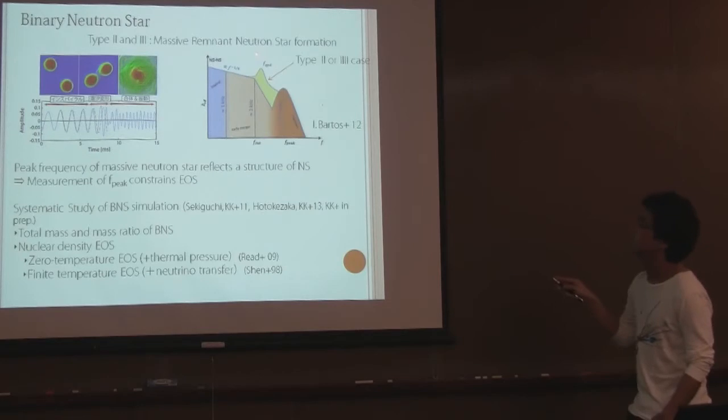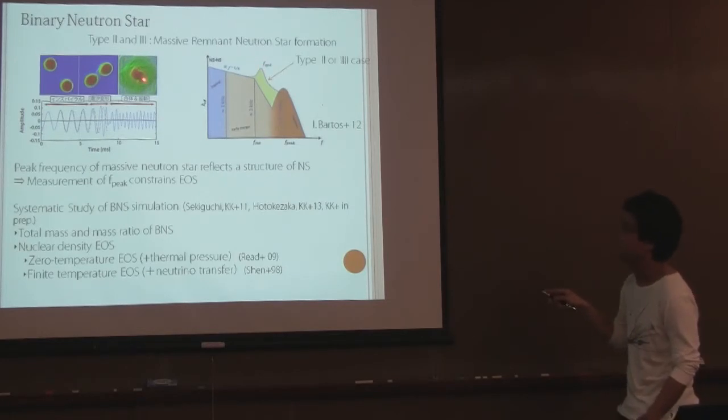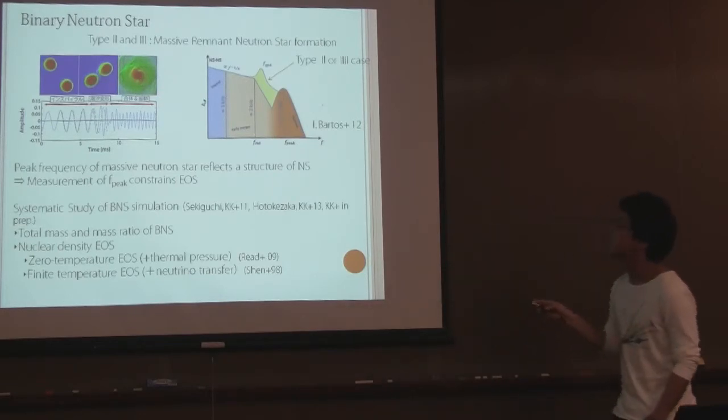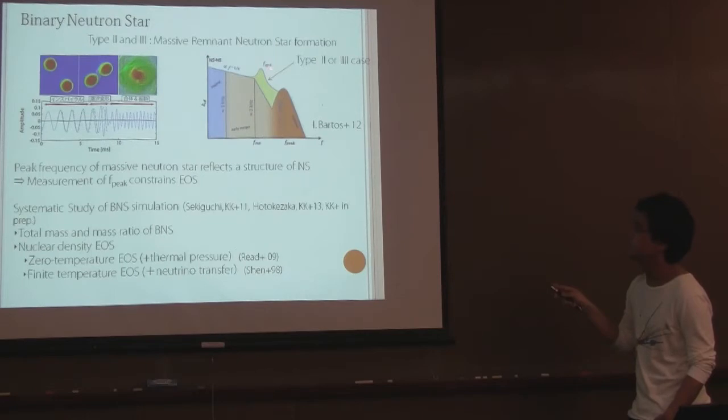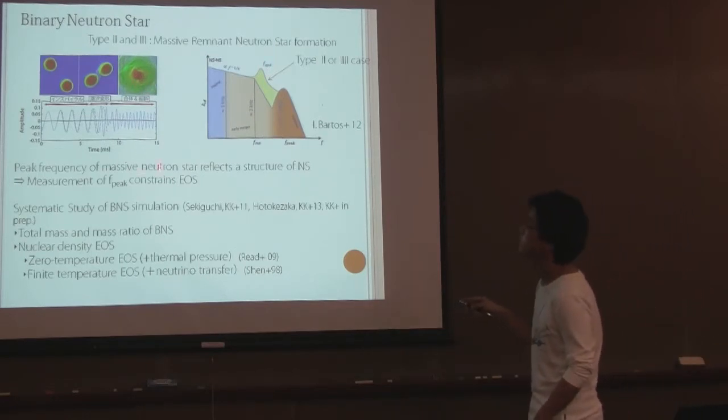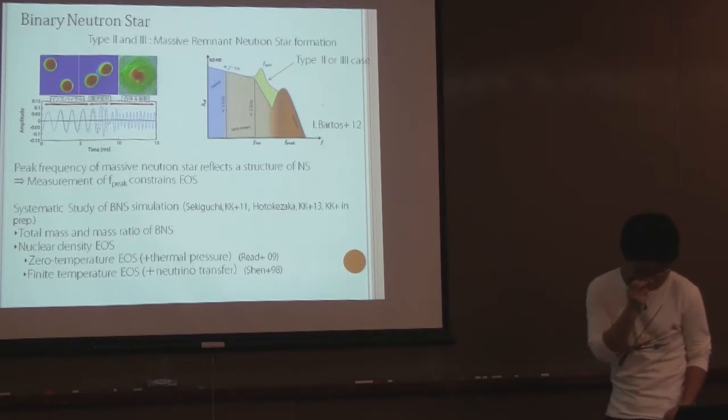And this peak frequency imprints the information of the internal structure of the massive neutron star. So if you detect this peak, you can obtain the information of the radius of the neutron stars.